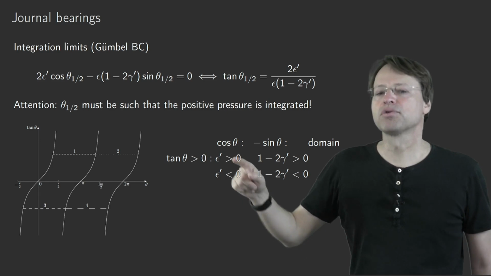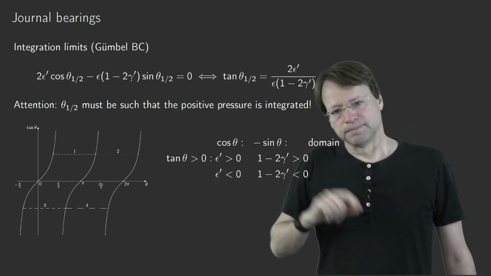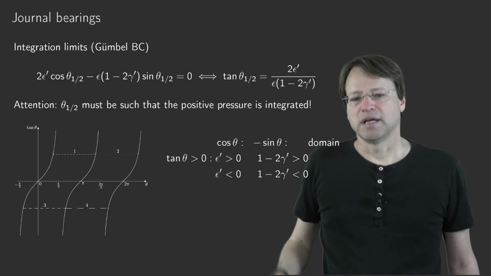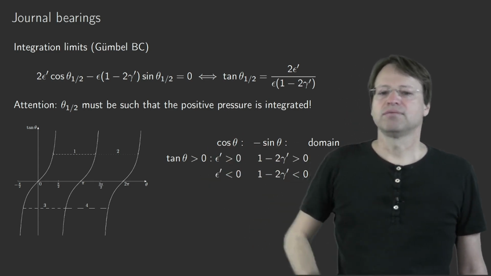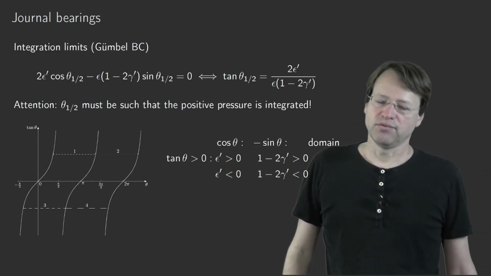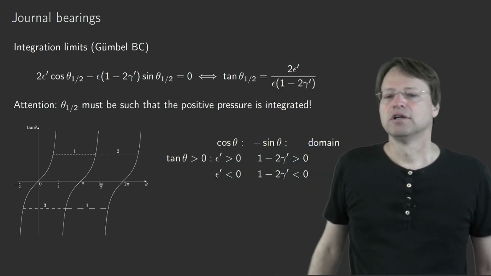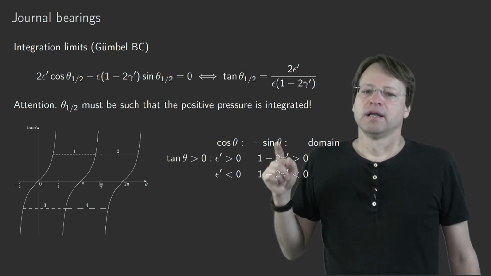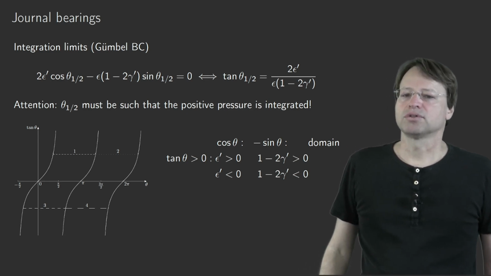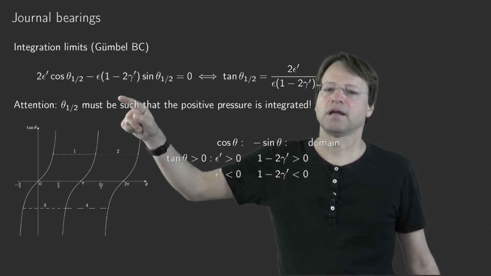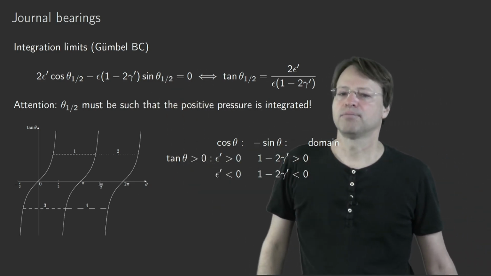So either we have both epsilon prime and 1 minus 2 gamma prime to be positive, or both epsilon prime and 1 minus 2 gamma prime both negative. In both cases we will get a positive value for tangent theta. So we are in the upper half of this figure.